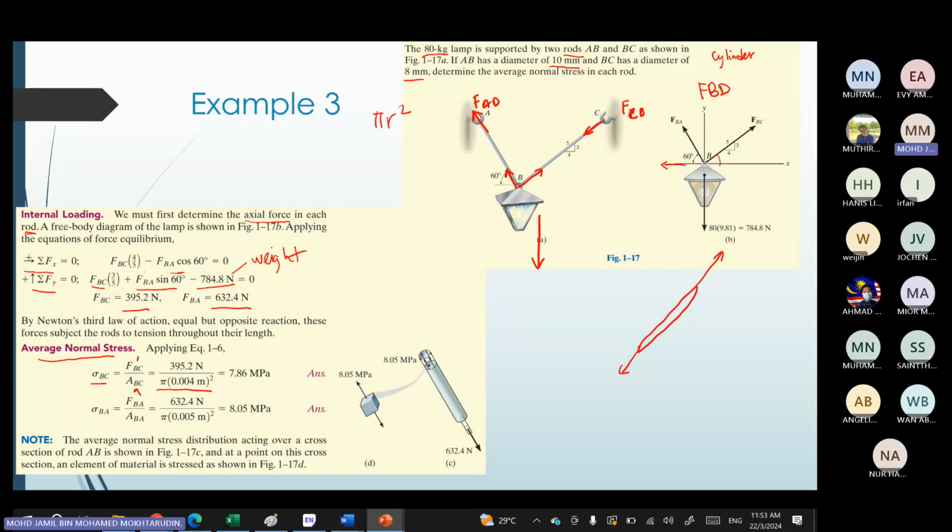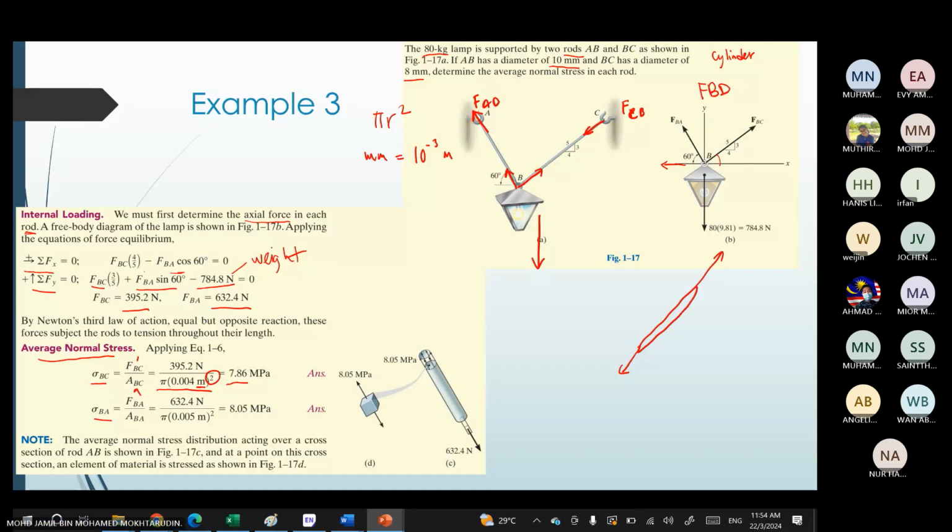Convert the millimeter into meter; millimeter equals 10 power of minus 3 meter. You must convert first before you calculate with power of 2. So you calculate, and you get 7.86 megapascal for the stress in BC.